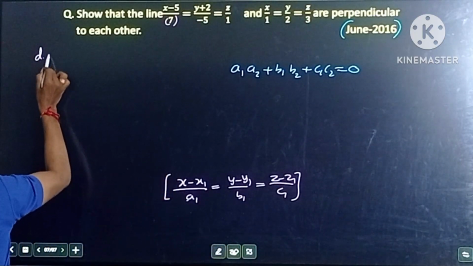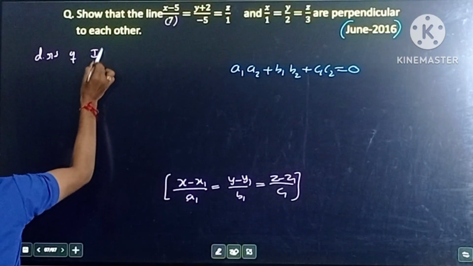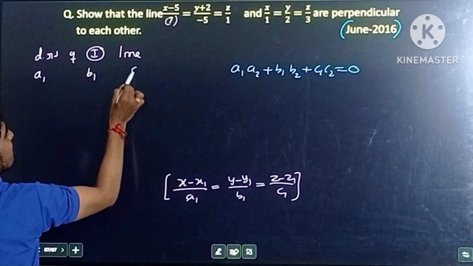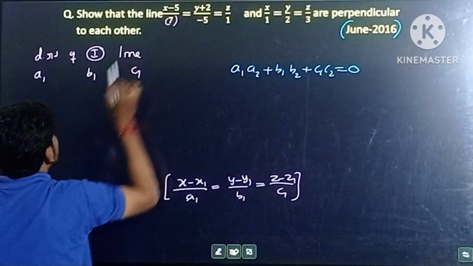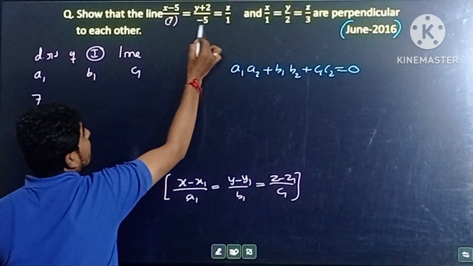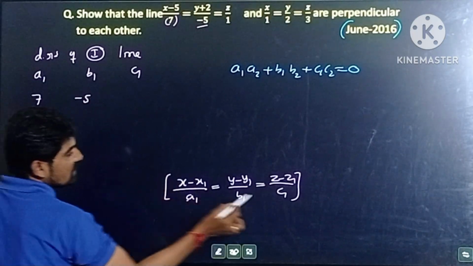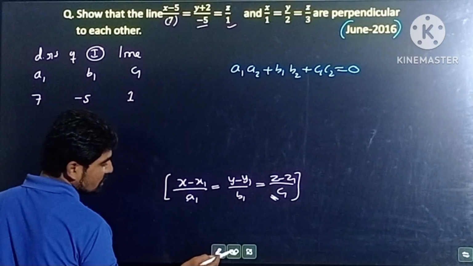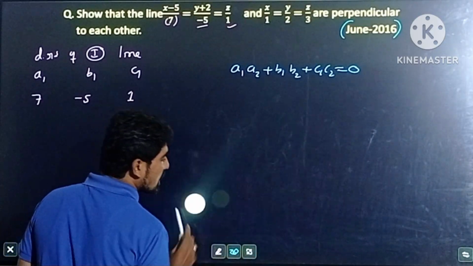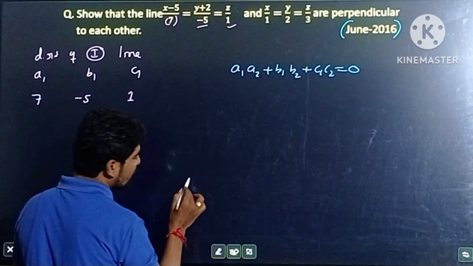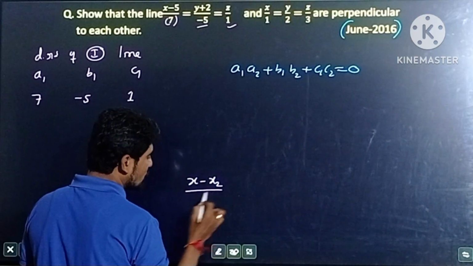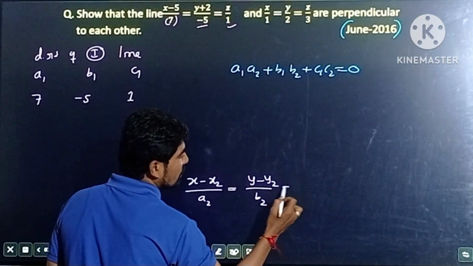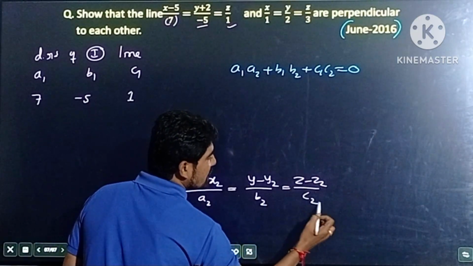So now the direction ratios of the first line, let's say A1, B1, C1, where the value of A1 is 7 and the value of B1 is minus 5. Similarly, the value of C1 is 1. And to identify the values of A2, B2, C2, compare the second line with the standard form, that is x minus x2 divided by A2 equal to y minus y2 divided by B2 equal to z minus z2 by C2.